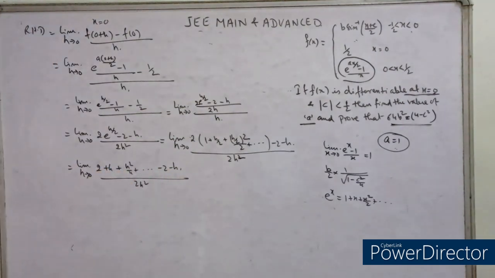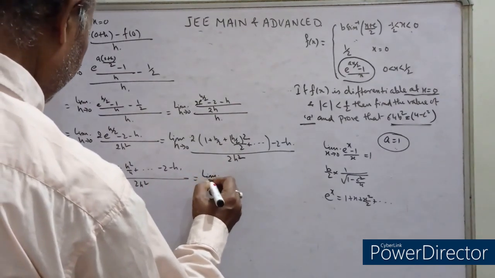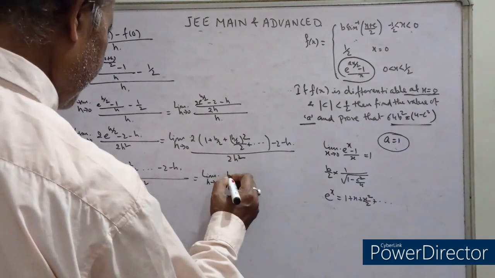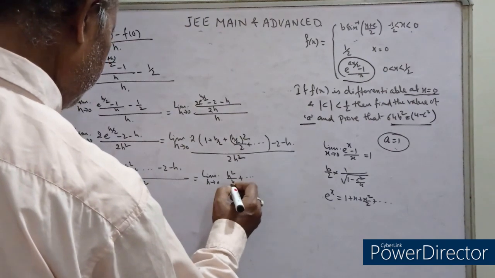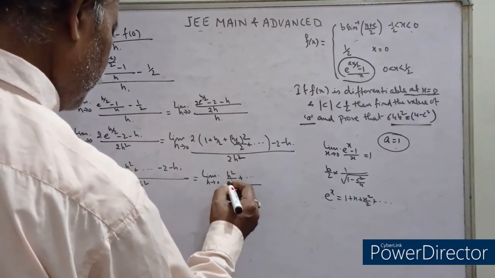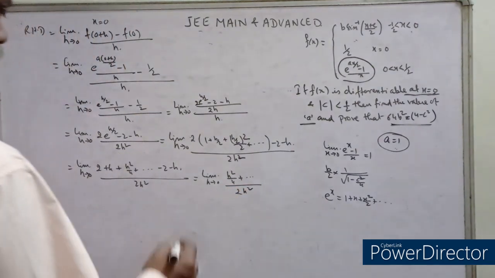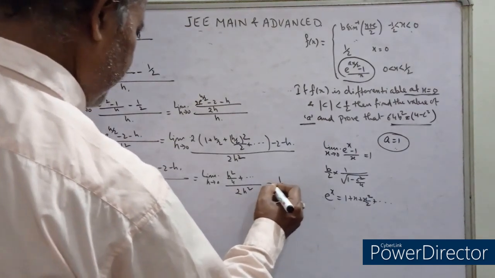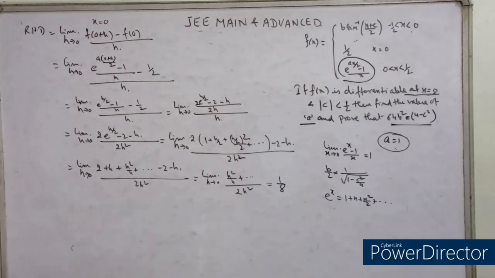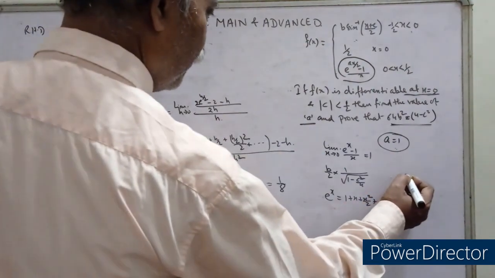So here 2 cancels out, h cancels out, so this will be equal to limit h tends to 0, h square by 4 plus dot dot, and by 2h square. So here h square cancels out and your result is 1 by 8. So your right hand derivative result is 1 by 8.